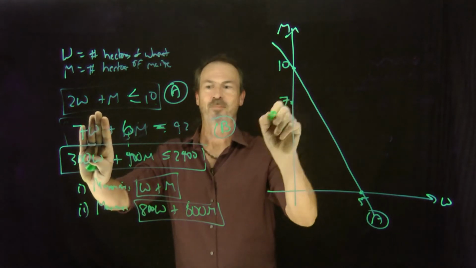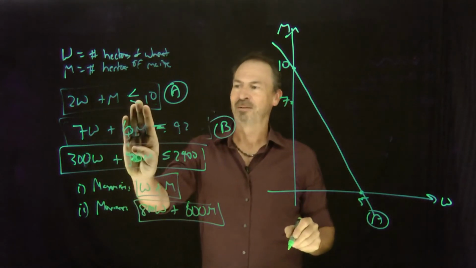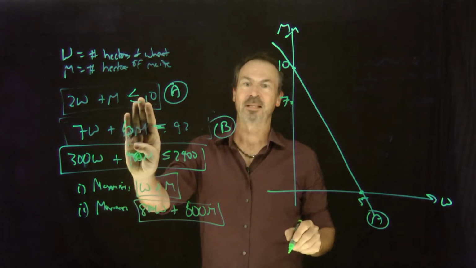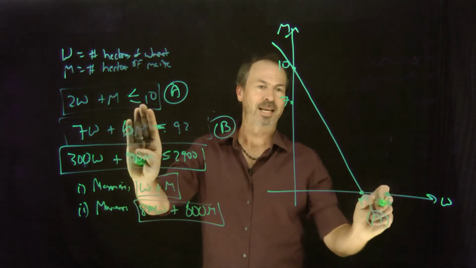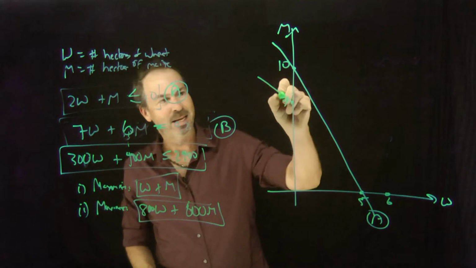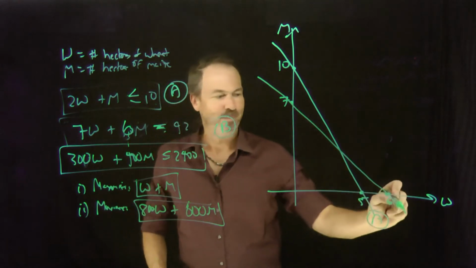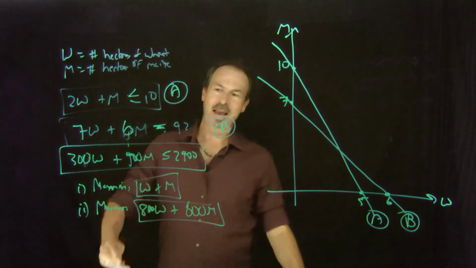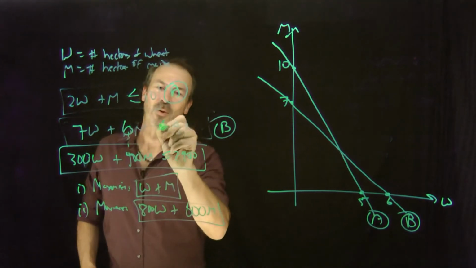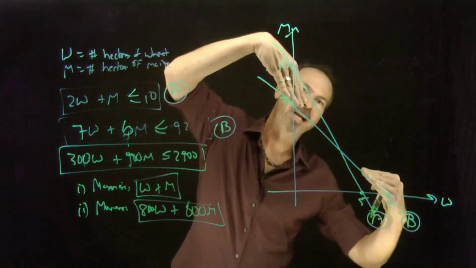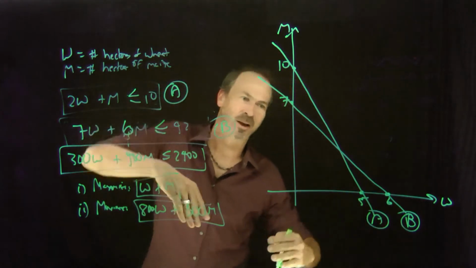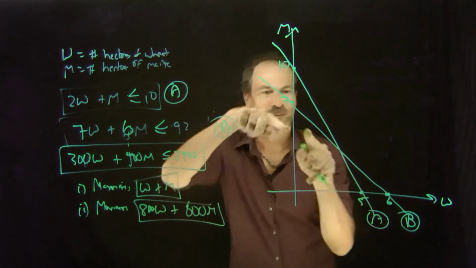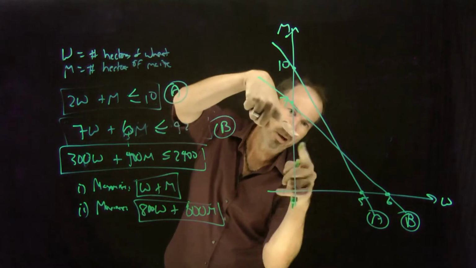When m is 0, w would be 42 divided by 7, which is 6. So line B is this line. And then less than or equal to 42 would be that line and all the smaller values.